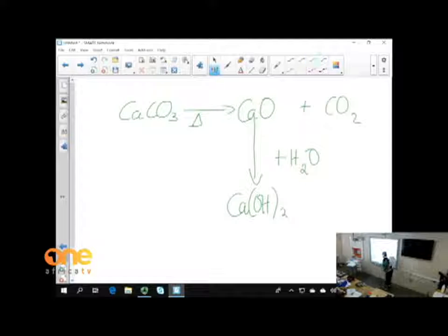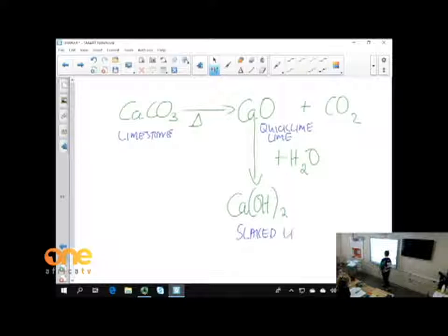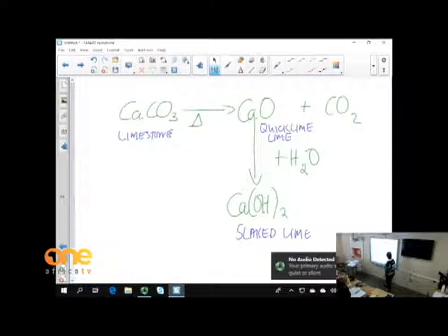All right? This one is known as limestone. This one, quicklime, or just simply lime. And this one, slaked lime.